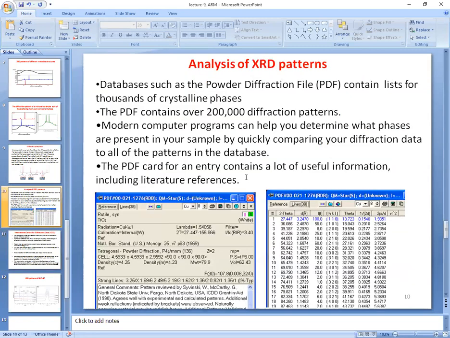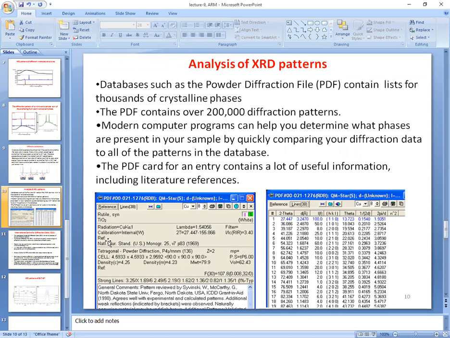So, in fact, what is that data? That data contains different values, different information about the crystal structure. For example, this is about TiO2, titania. Titania has two allotropic forms, anatase and rutile. So this shows the anatase. It also gives you the radiation, which is copper K alpha 1.